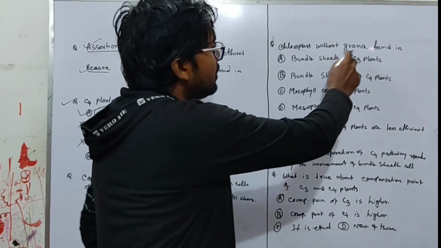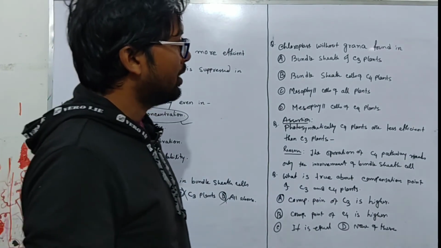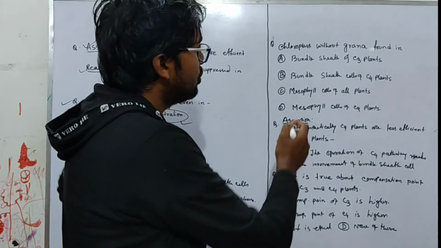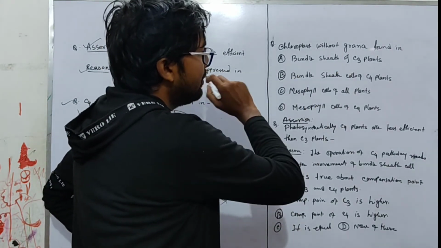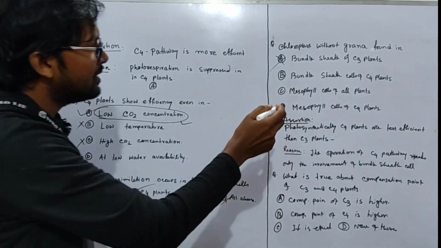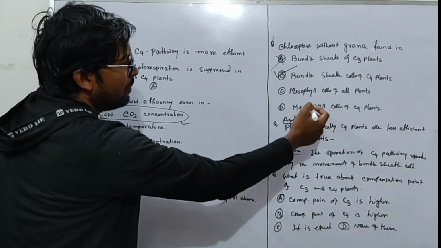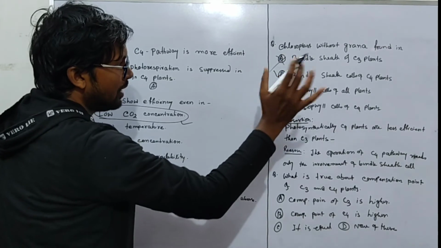Now, chloroplast without grana: what is grana for? For the light reaction. Bundle sheath cells of C3 plants: C3 plants do not have any bundle sheath cells. Bundle sheath cells of C4 plants, it's okay. Mesophyll cells of all plants is not right, because grana is there.